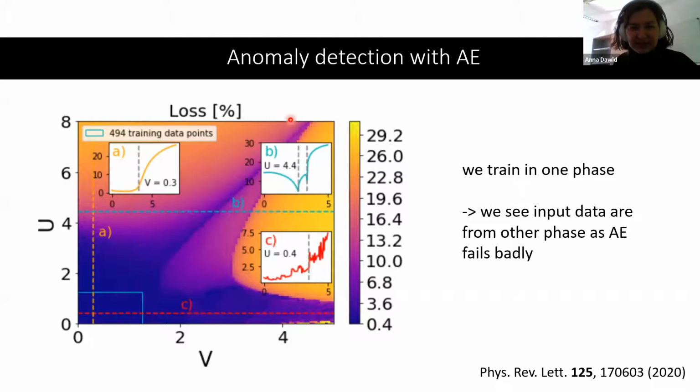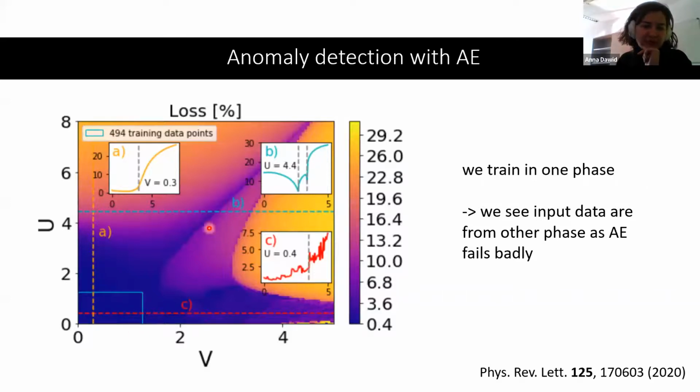And by scanning the whole phase diagram, by how wrong your autoencoder is, you can see how many different phases you have, basically. For example, here is the highest error, which means that this phase is much more different than this phase where you started your training.